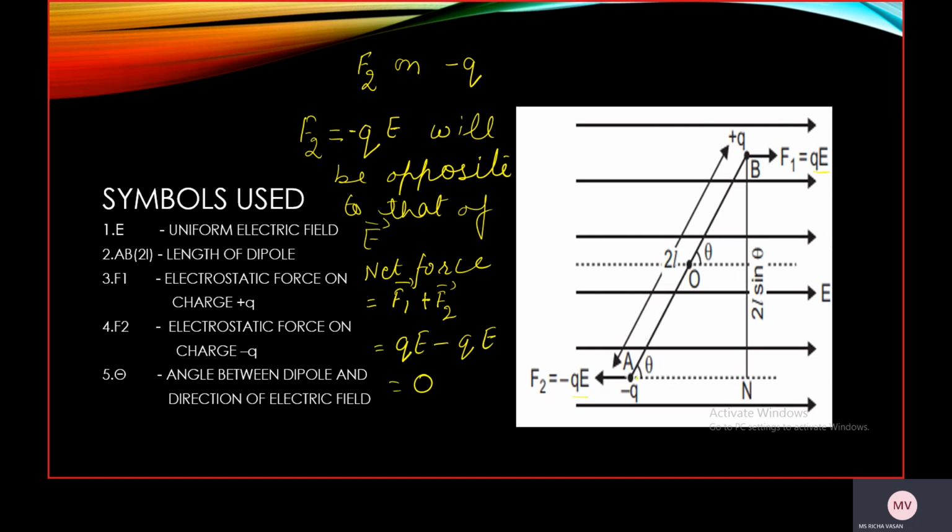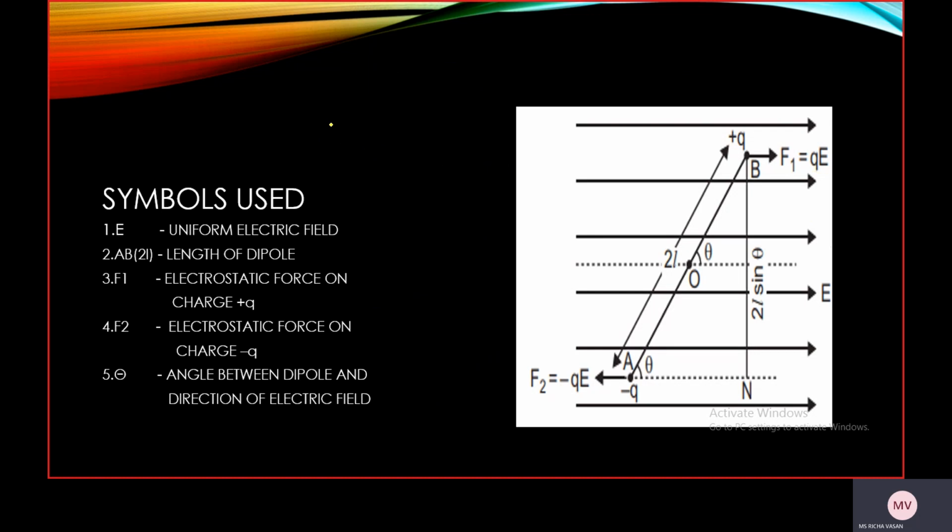So the net force on the dipole when it is placed in a uniform electric field will be 0. Why? Because the forces experienced by these two charges will be equal in magnitude, but opposite in direction.